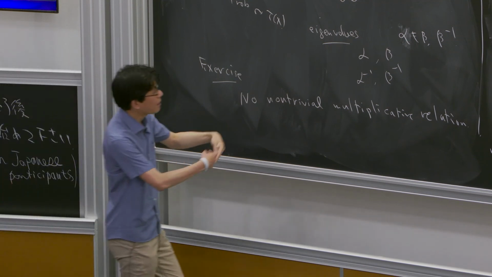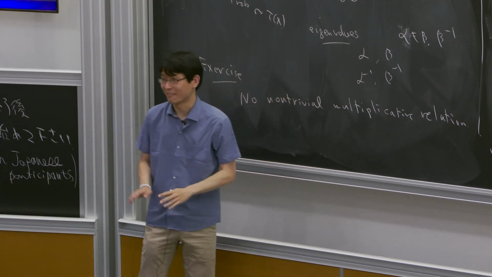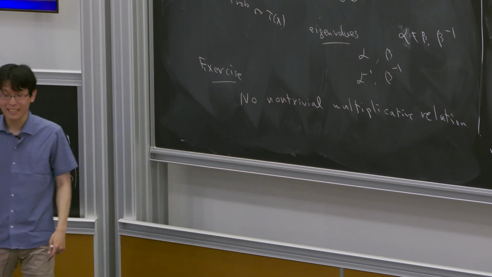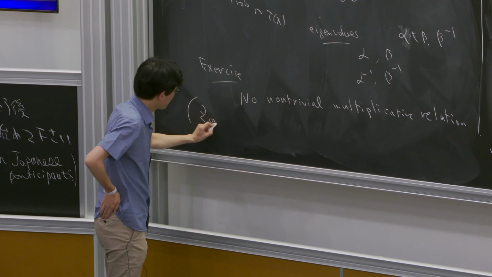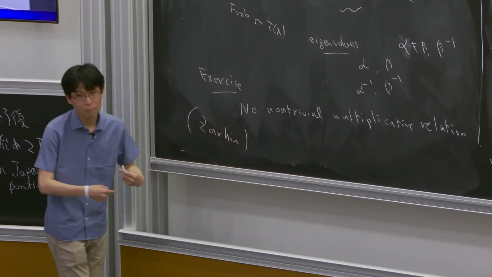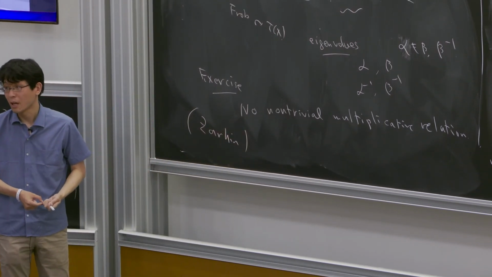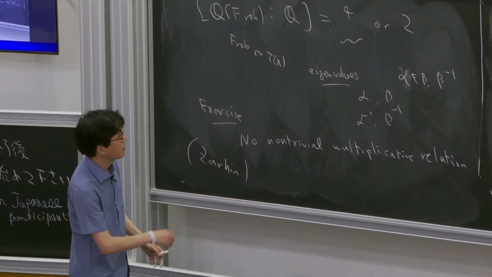The trivial one is alpha times alpha inverse equals 1. I think this was at least noticed by Zarhin in the context of abelian varieties, where similar Frobenius appear.